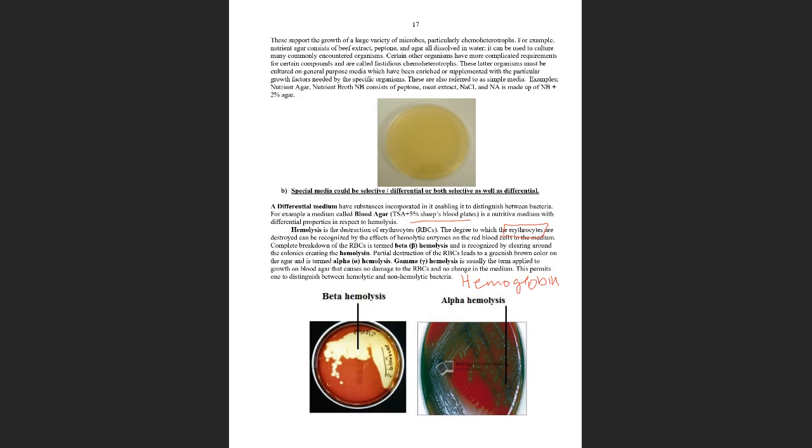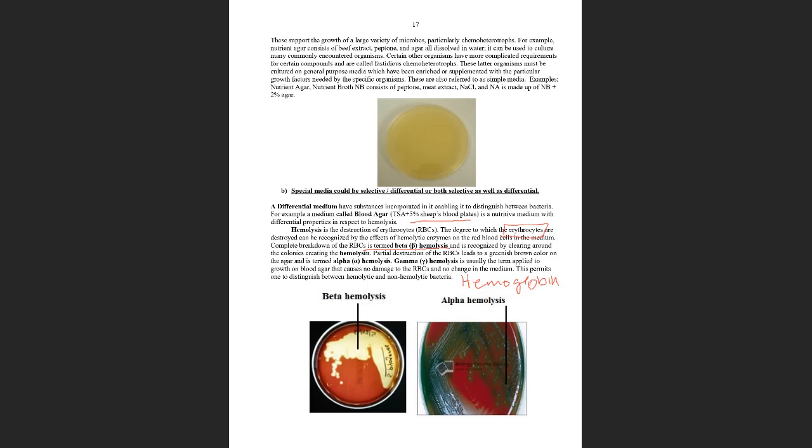When bacteria grow on it, different bacteria have varying ability to do hemolysis of hemoglobin. Based on that, we learned that there are three categories of hemolysis.